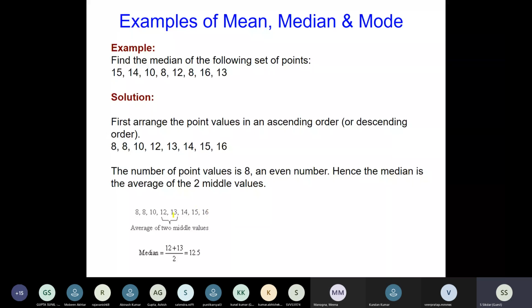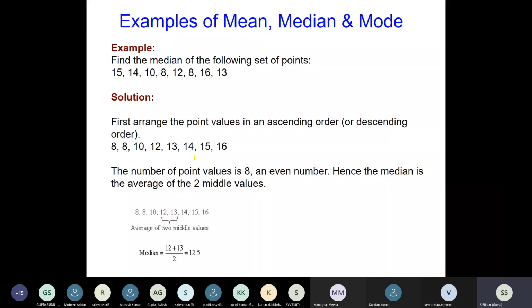The problem comes when there are a large number of points, let's say instead of 8 it is 12 or 15 numbers, then you will have to search for where these two middle values are. If you make a mistake somewhere in counting, then you are gone.